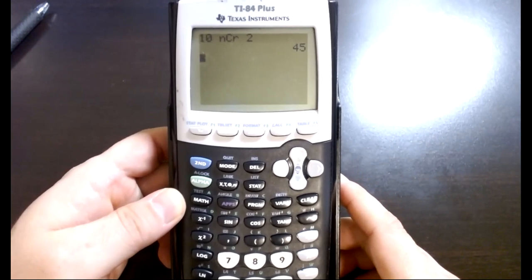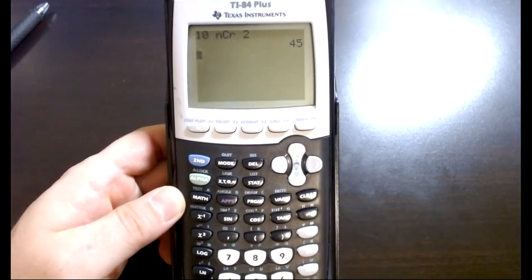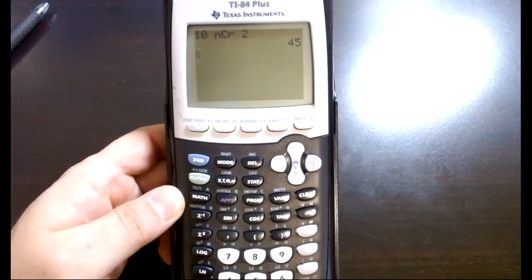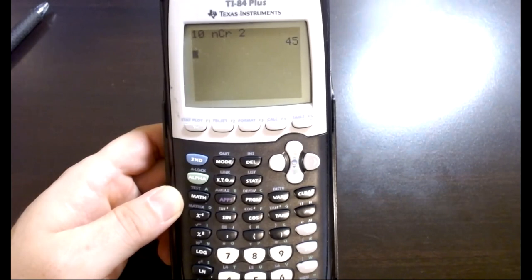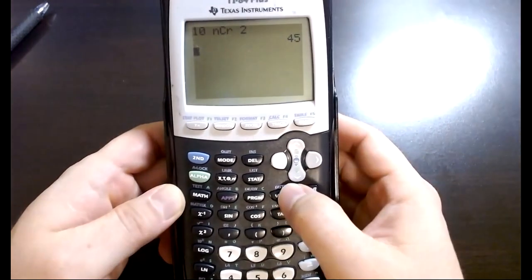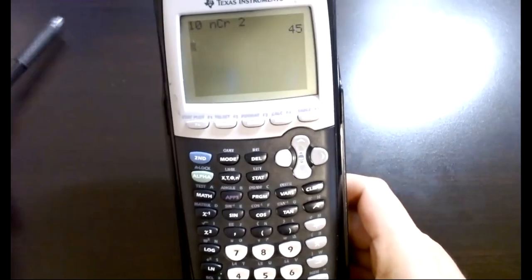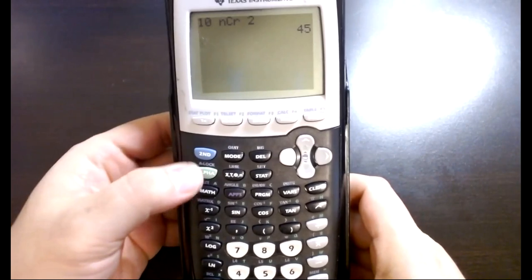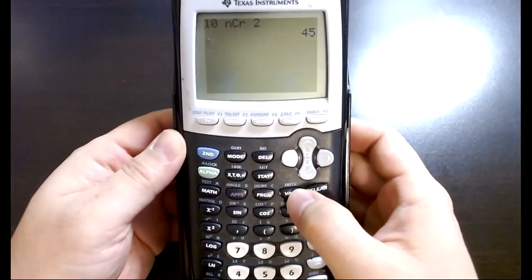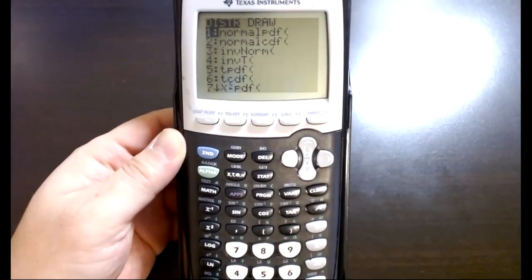The even nicer thing is this: there is a way to calculate the probability mass function of the binomial distribution. Do you see distribution right there? We go to that one. So press second and then VARS, okay.